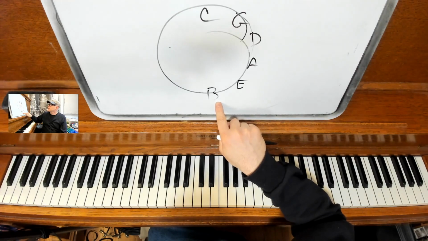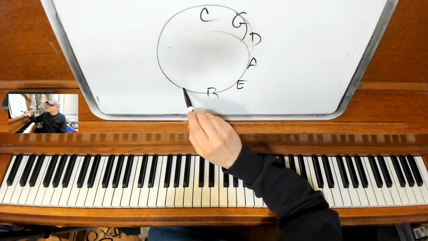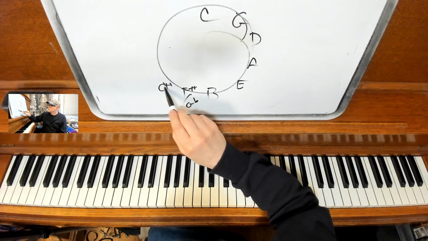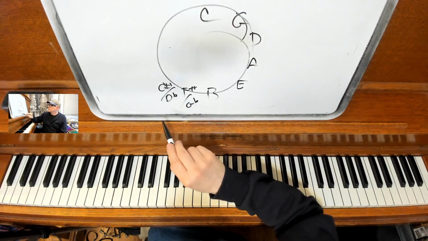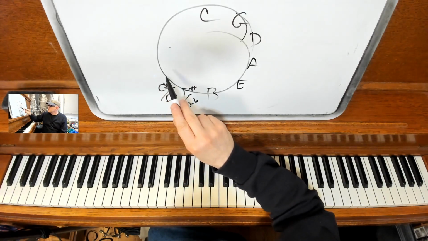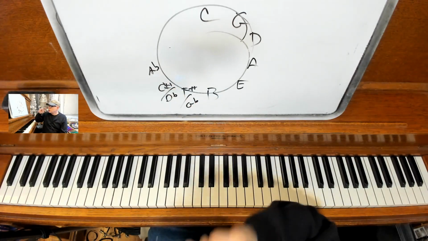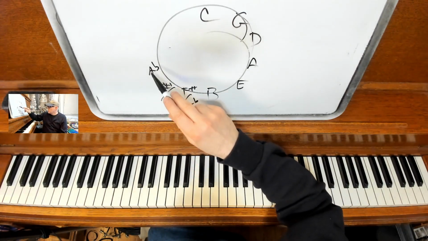Right. Then F sharp or G flat, C sharp or D flat, and then A flat. There really is no key of G sharp major. I'll explain why.